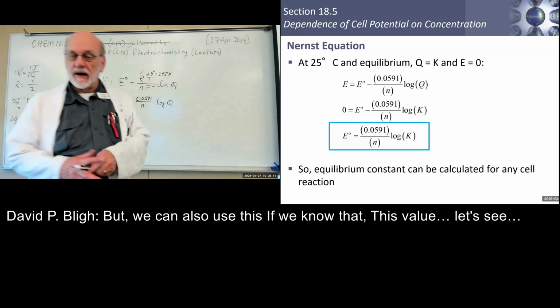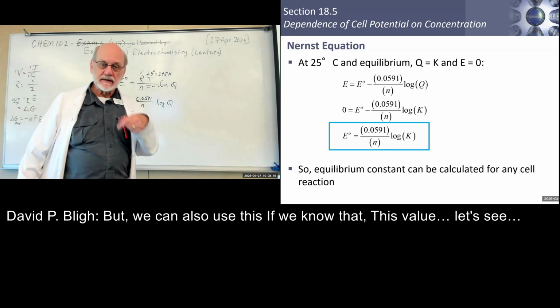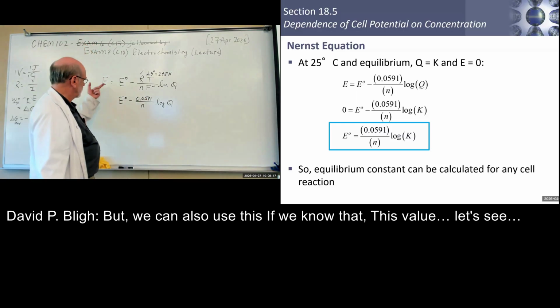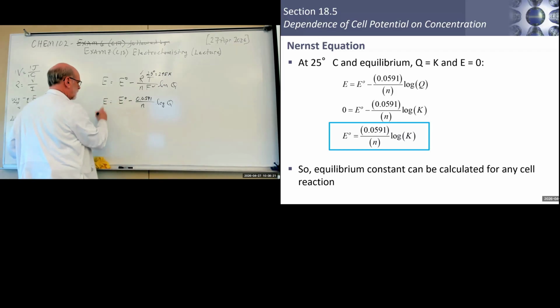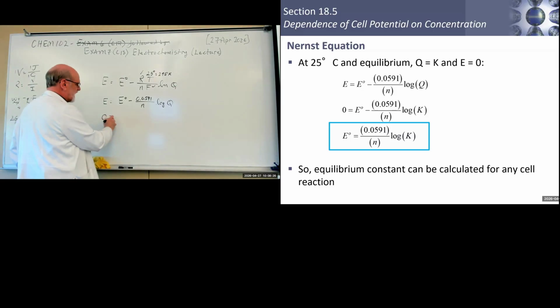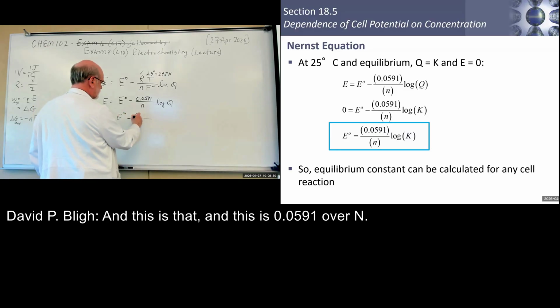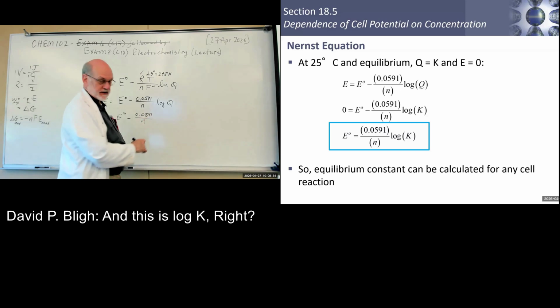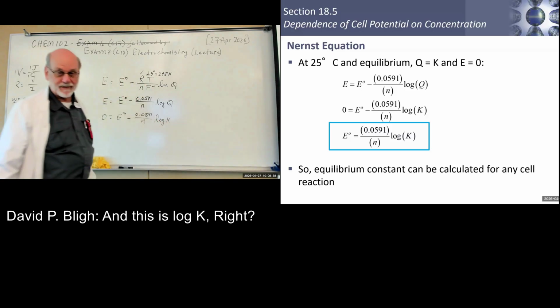Right? But we can also use this if we know that this value, let's see, if we know that there's no voltage and we know that that's that, and this is that, and this is 0.0591 over N, and this is log K, right?